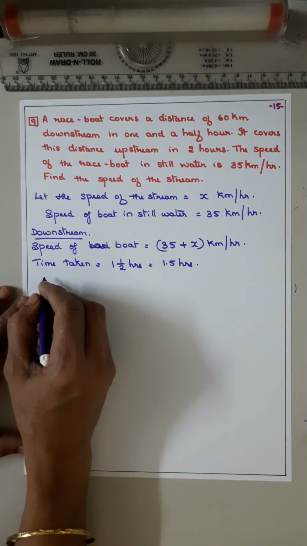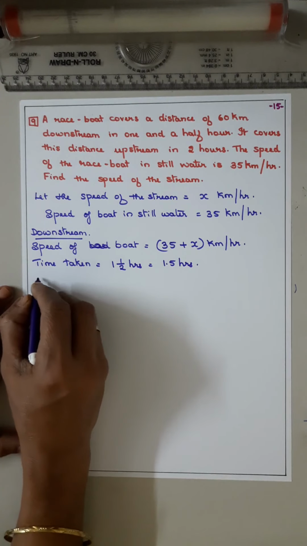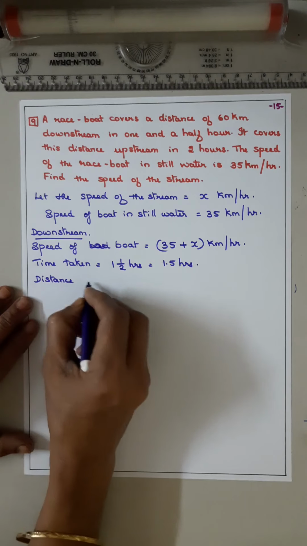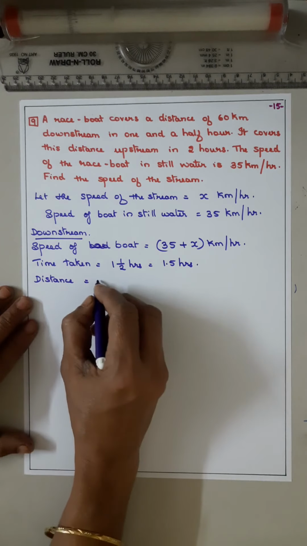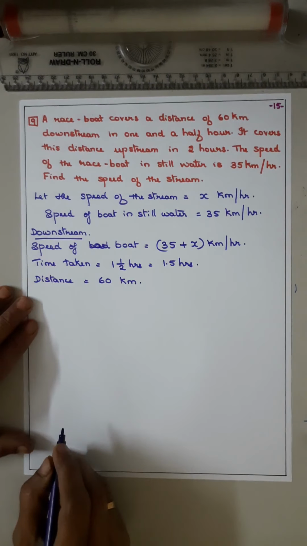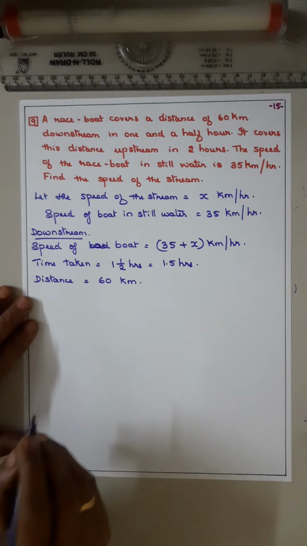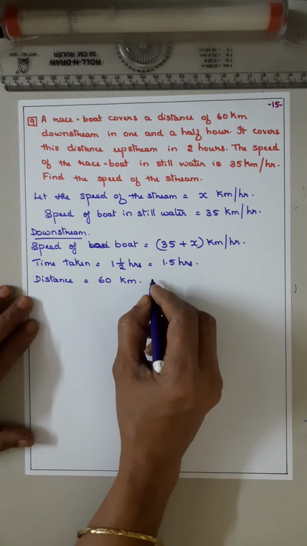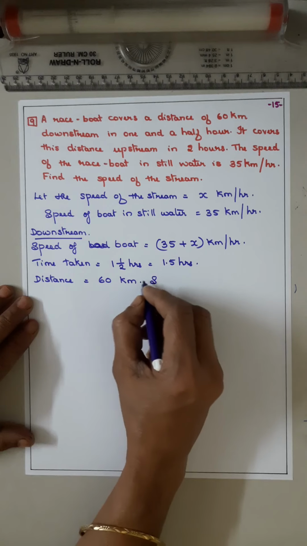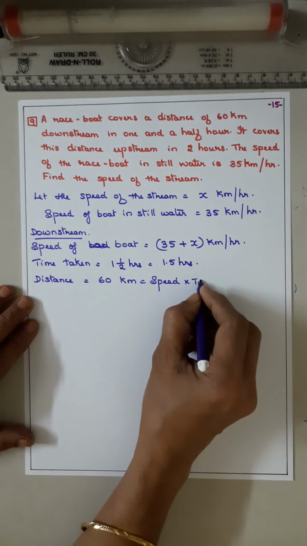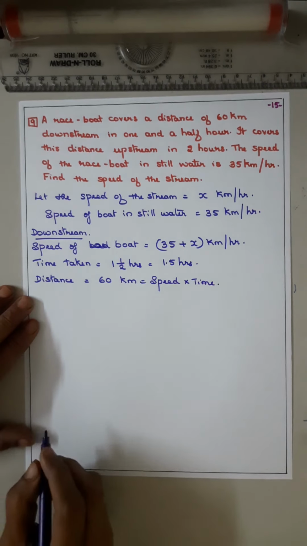Now, the distance covered, how much is it given? It is 60 kilometer. It is given. But according to the question, what is it? Speed into time, isn't it?